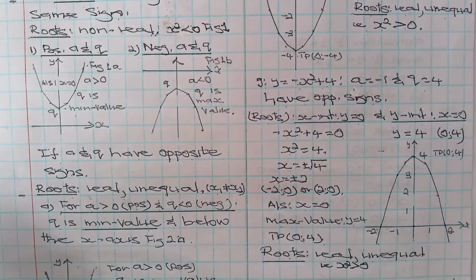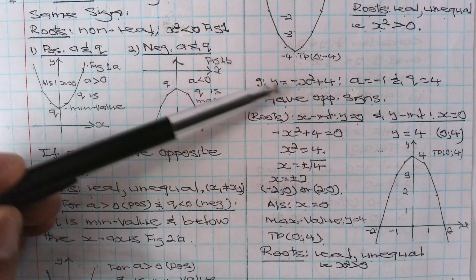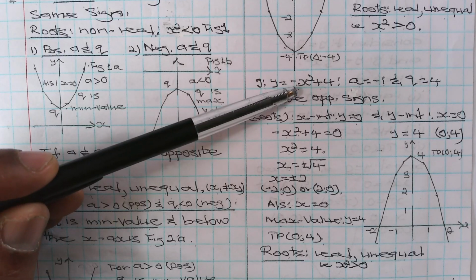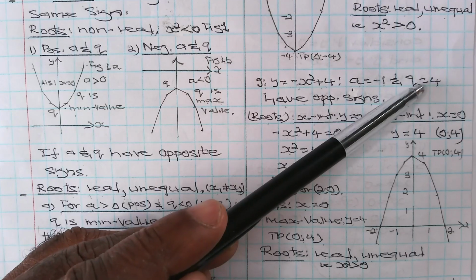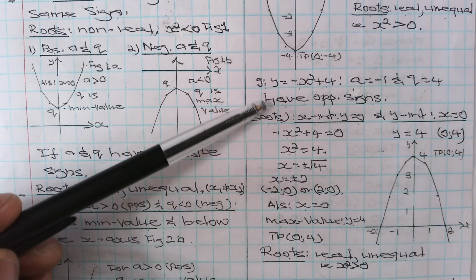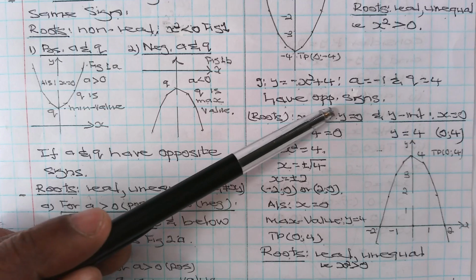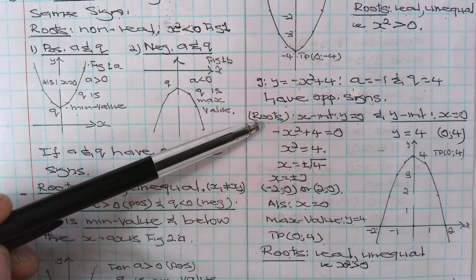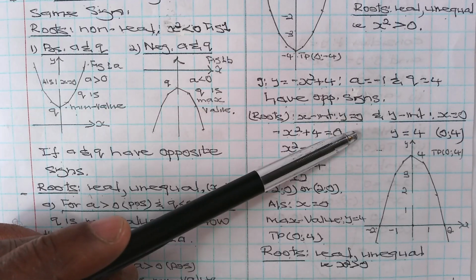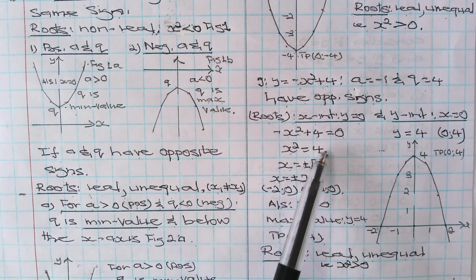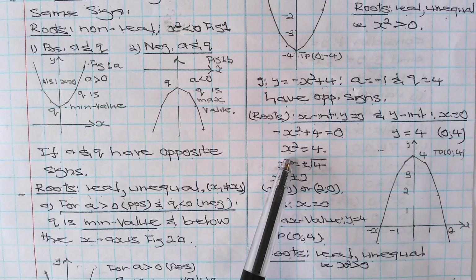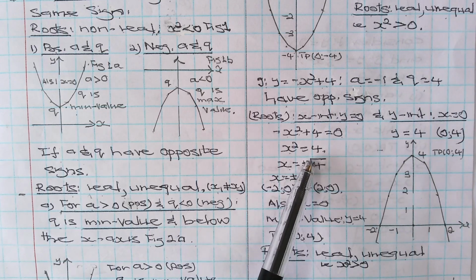Let's go to g. The graph of g. What do we have here? g is y equals negative x squared plus 4, where a is negative 1 and q is positive 4. They both have opposite signs. Roots, the x-intercept, y will be 0. It's minus x squared plus 4, which means x squared is equal to 4.